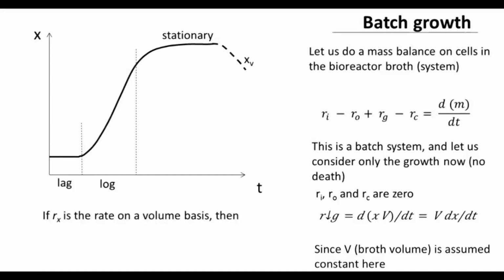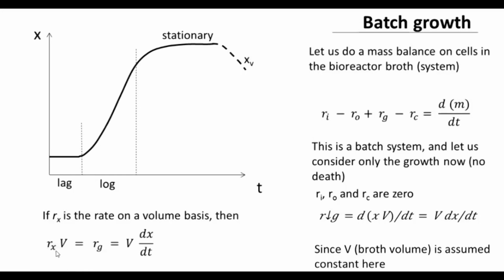Now, if Rx is the rate on a volumetric basis, again those are the ones that are directly measured, so we will write it in terms of them. Then Rx times V would be equal to Rg. On a concentration or volumetric basis, this is the rate. In other words, the rate of change of cell concentration with time is what Rx is.